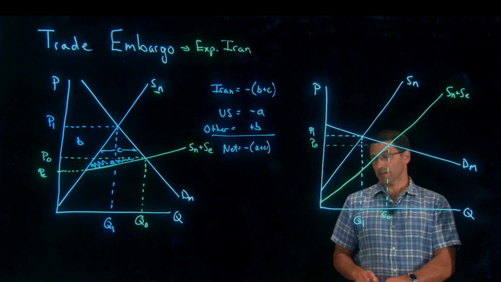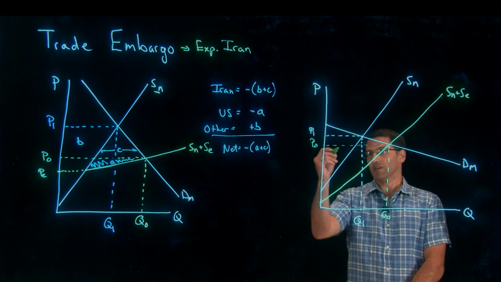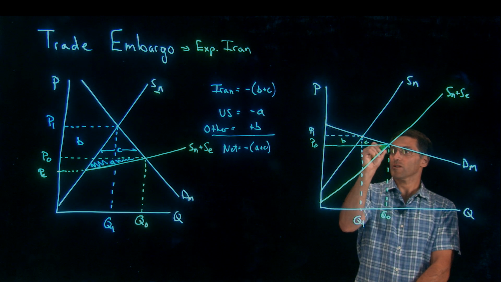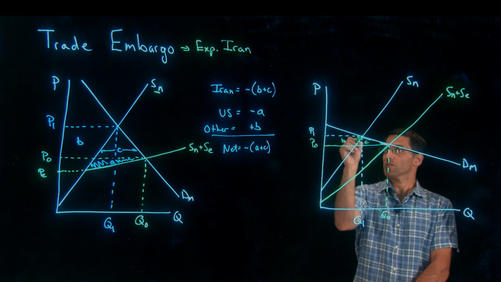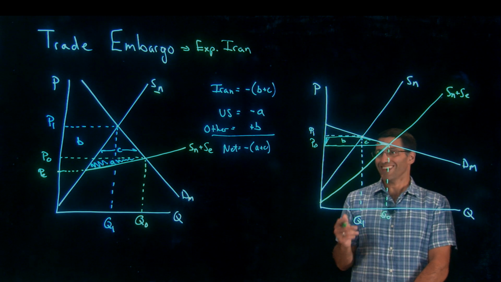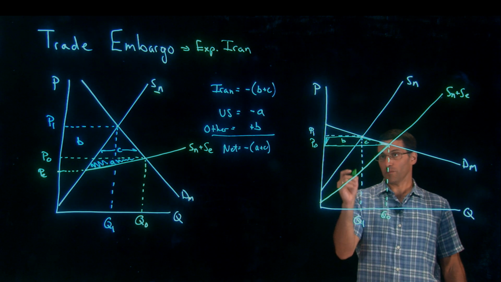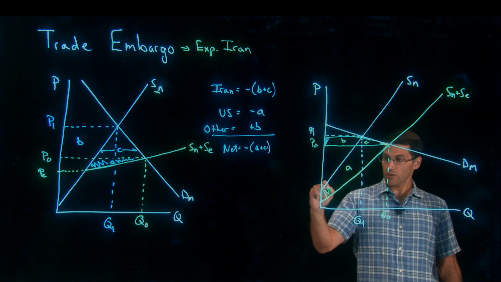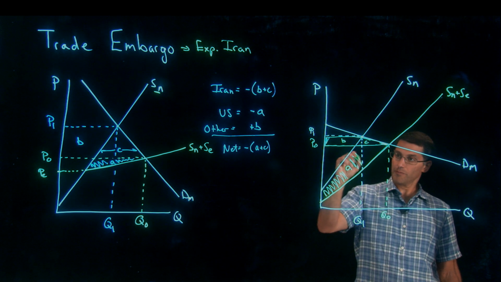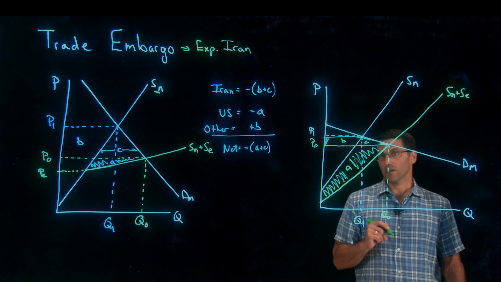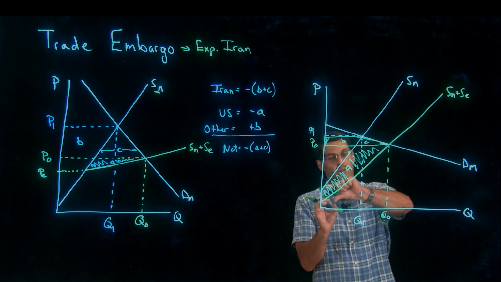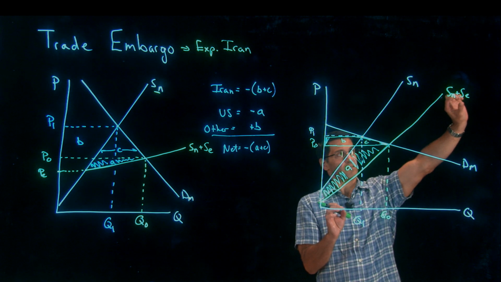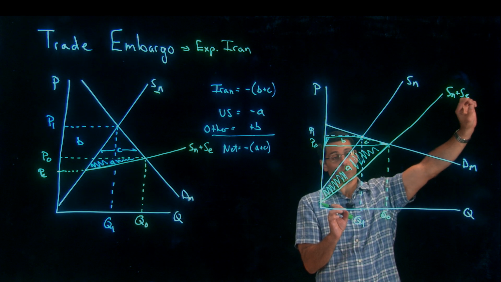Well, now where's B and C? B and C are given by these two areas here. And A is actually given by all of this here. Might help to see if I shade it in for you. Again, you're looking at the difference between the two supply curves, that is the supply of the U.S., the embargoing countries.